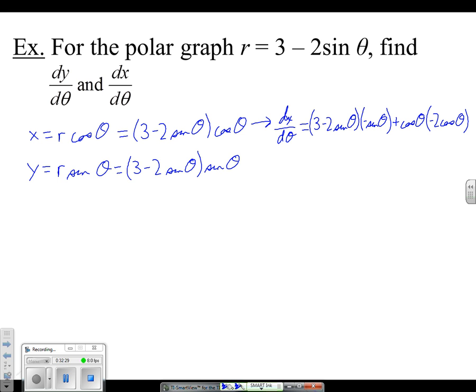There's not really a lot we can do to simplify this. I don't think we're going to find that anything combines, so this should be a good final answer. This is dx over d theta.